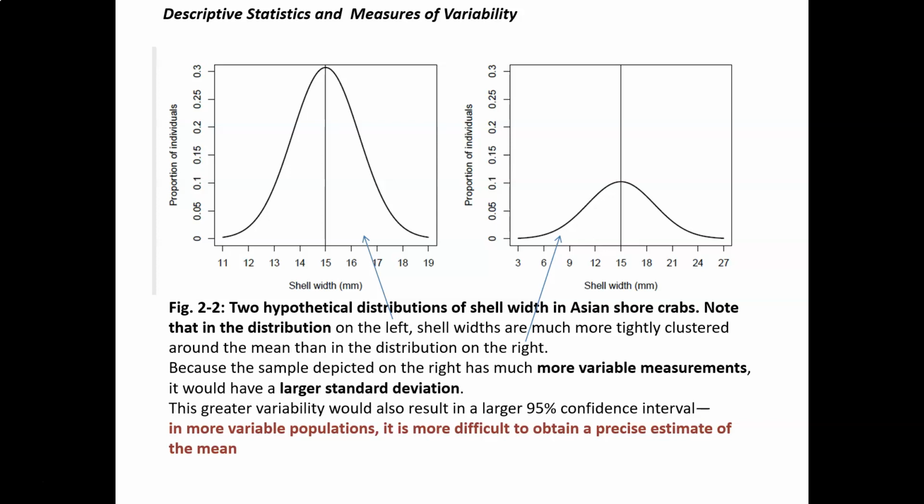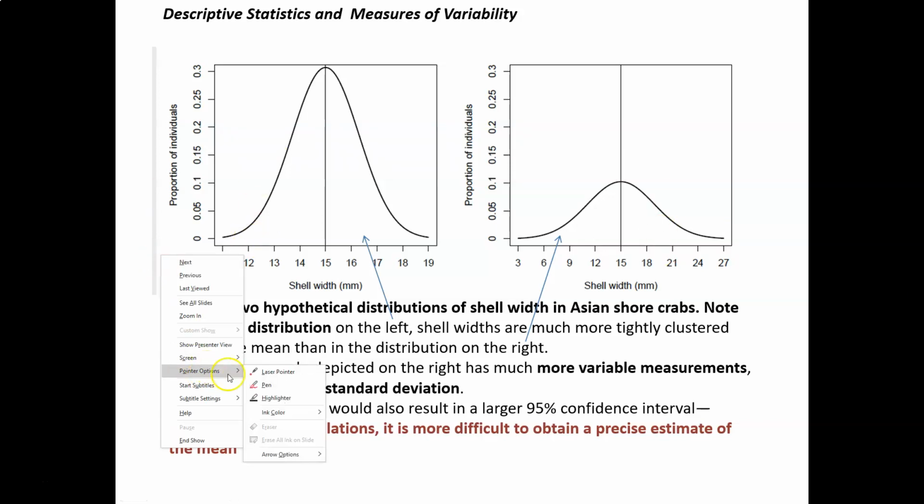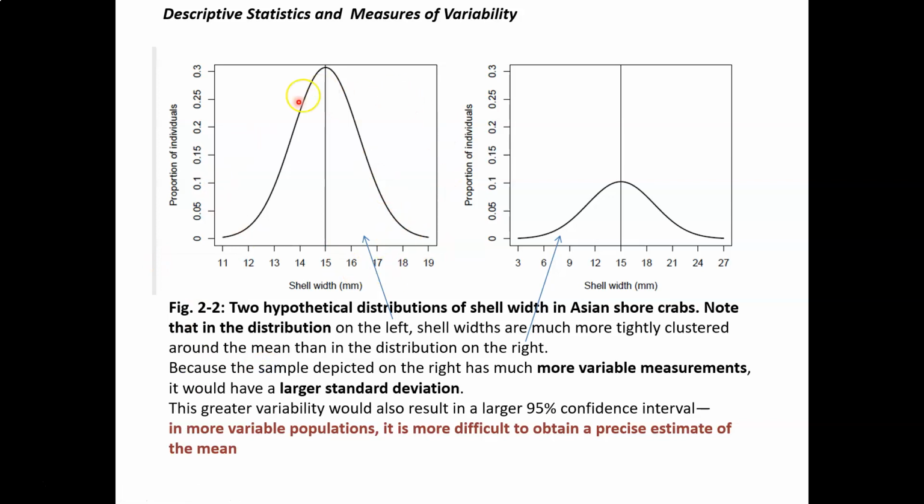In the distribution on the left, the shell widths are much more tightly clustered than in the sample on the graph on the right. Look at the mean, 15. Both samples have the same mean, right?